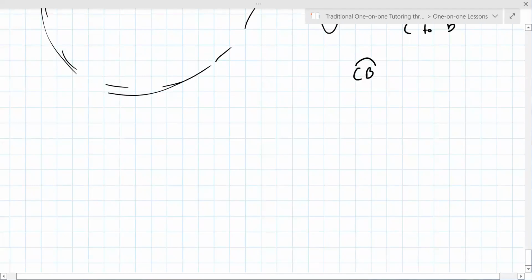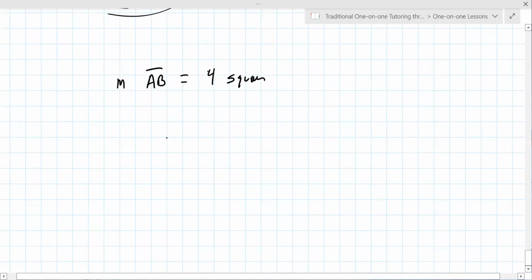In the context of what you're going to see, it might say the measure of line segment AB is 4, and I'm just going to say 4 squares. So there's A and there's B. When they ask you for the measure of something, like let's say this was given, and they said, what's the measure of line segment AB?